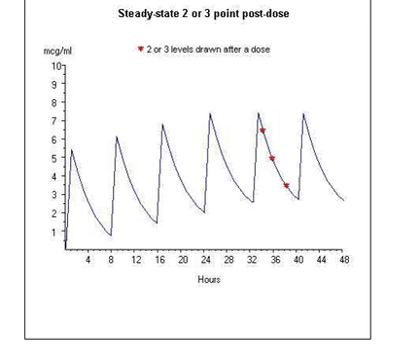Another method that can be utilized is a steady state 2 or 3 point post dose. You're drawing 2 or 3 levels after a dose, and you're required to be at steady state. This is not utilized that much, but it is an option that you could use within the program.